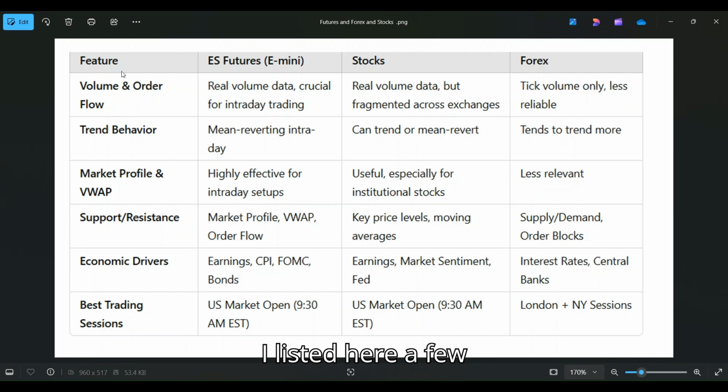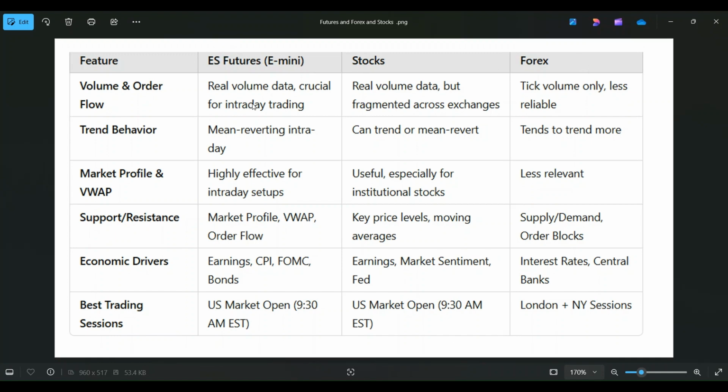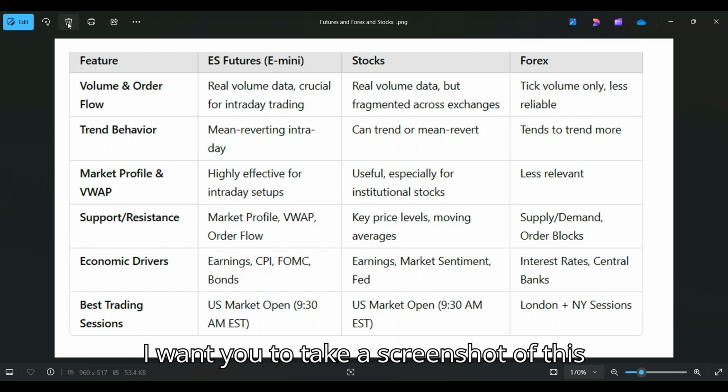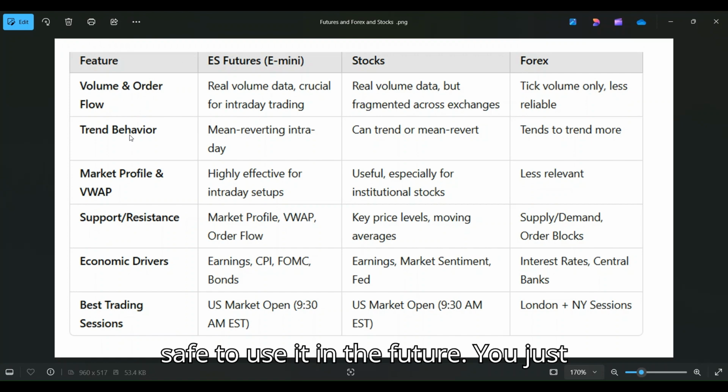I listed here a few indicators, and I put on top an example of the E-mini futures ES and compared them to stocks and Forex. I want you to take a screenshot of this comparison and leave it somewhere safe to use in the future.